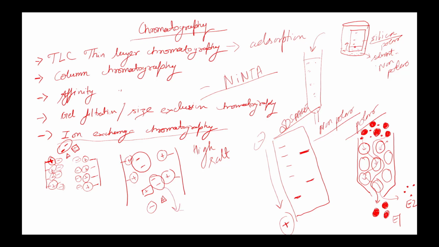So first all the non-bound ones will come out, and then when you increase the salt concentration, the bound negatively charged protein will be eluted out, and that's how it separates based on the charges. Okay, so that is ion exchange chromatography.